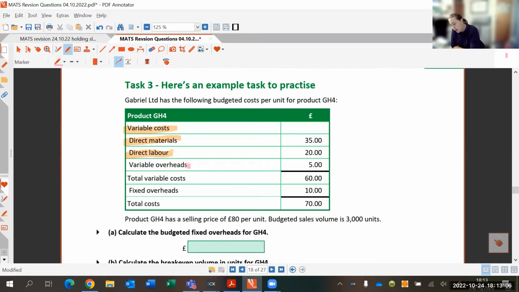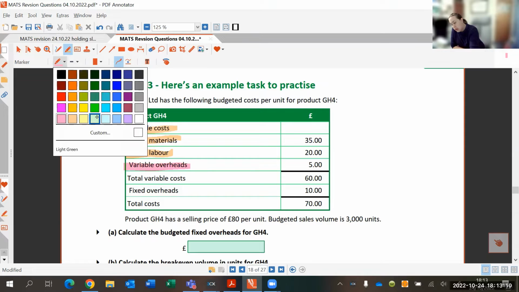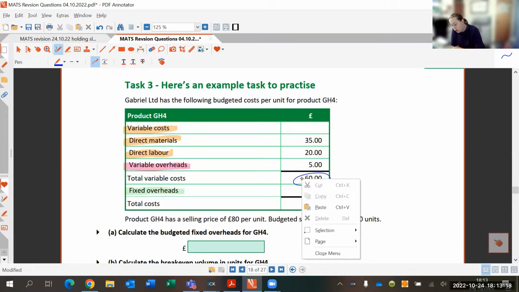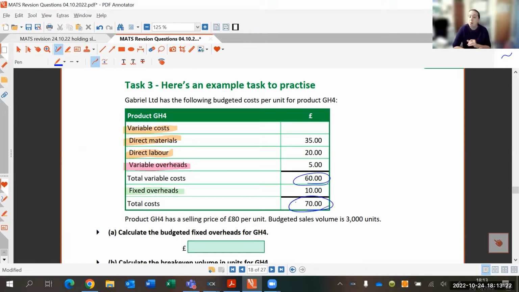And then we've got some variable overheads, which may also feature. And then we've got our fixed overheads. But we're told also in there we've got like our total variable costs added up, which might be very useful. We've also got our completely total costs, which again may or may not be useful.